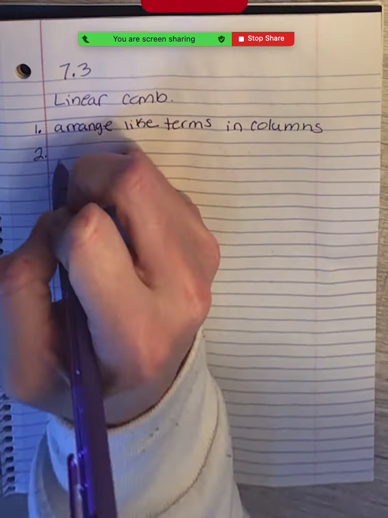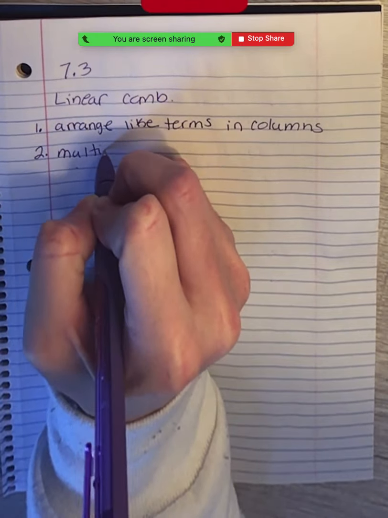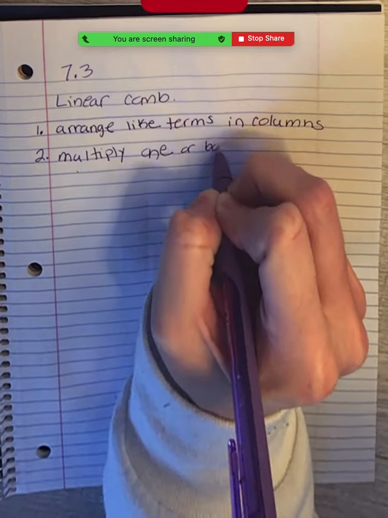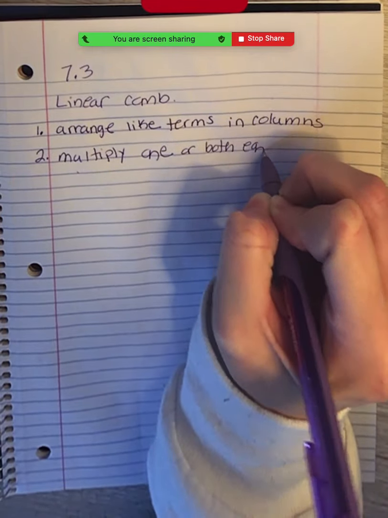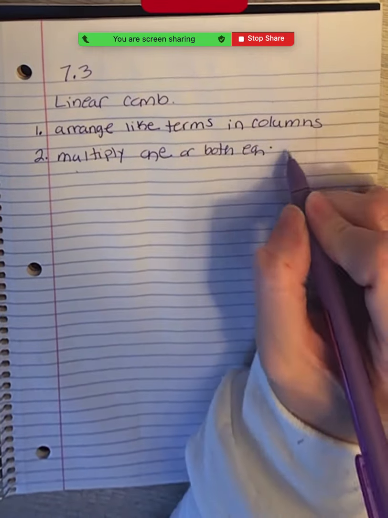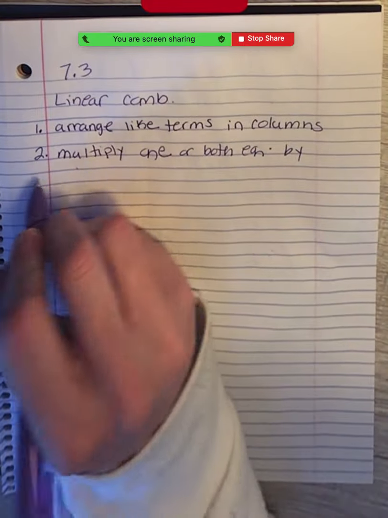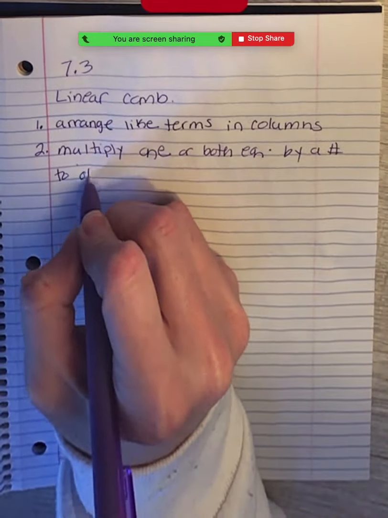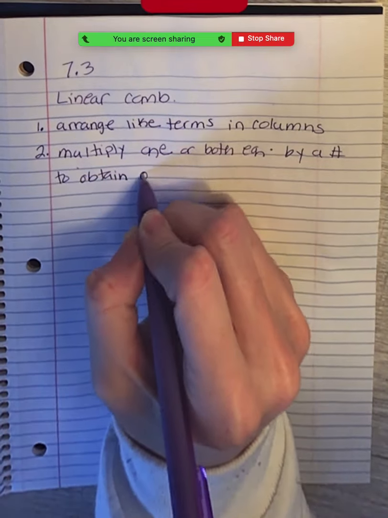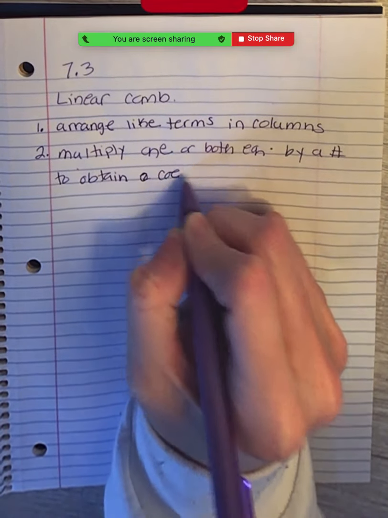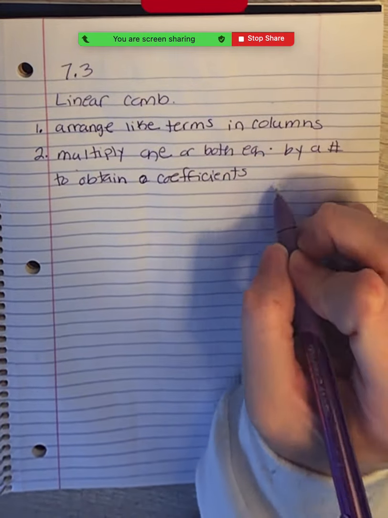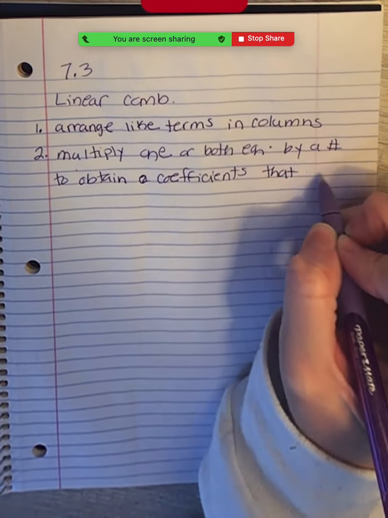So you're going to multiply one or both equations by a number to obtain those coefficients that are opposites on one of your variables.